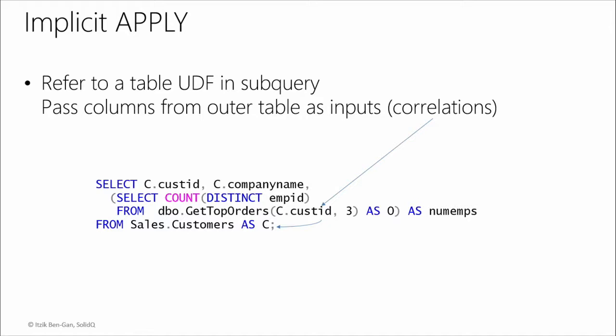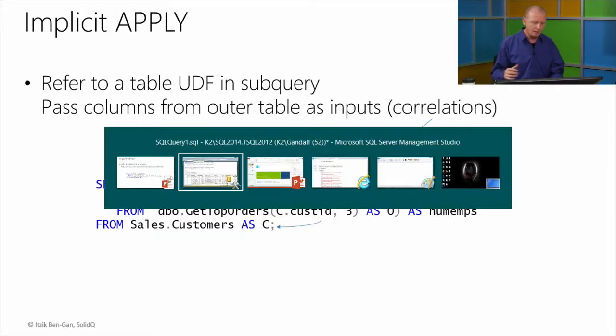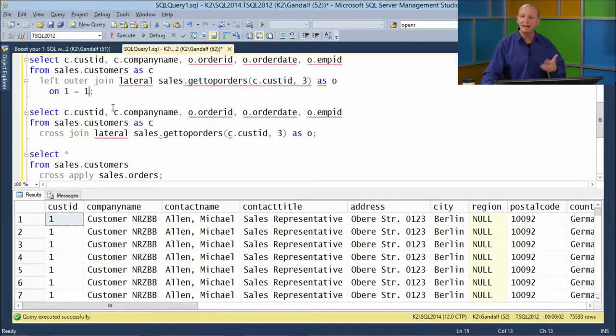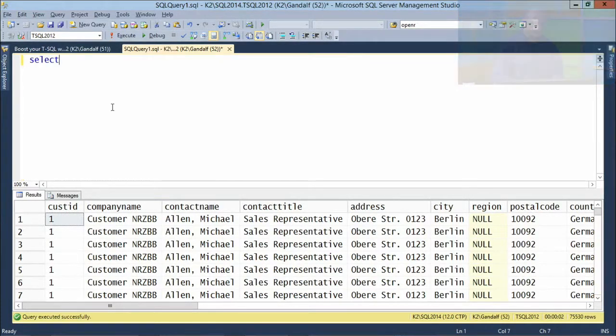And in fact, before the apply operator was added to the engine, this activity didn't work. So let's see what is this sort of implied apply or implicit apply. So let's say that we wanted to go ahead and query our customers table and return the customer ID and maybe the company name.